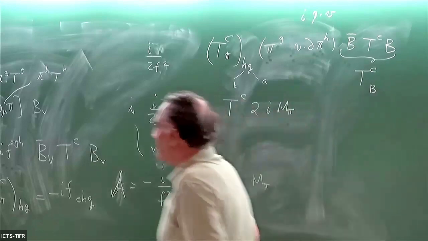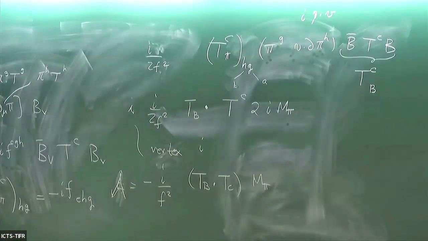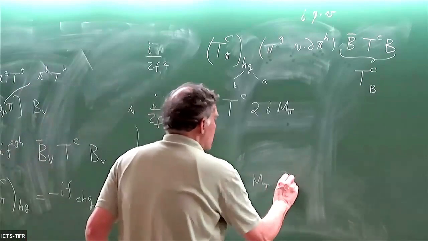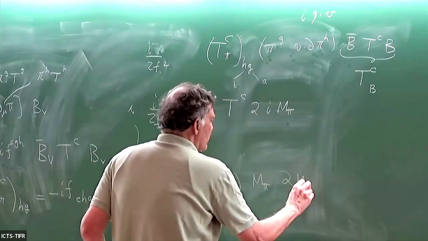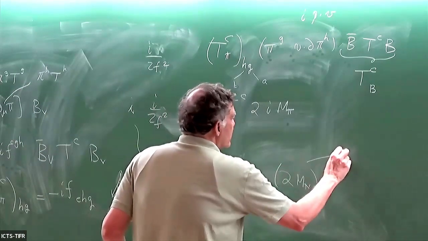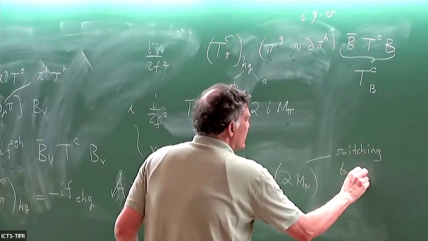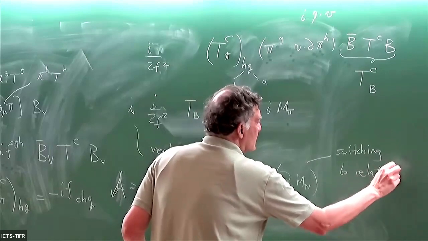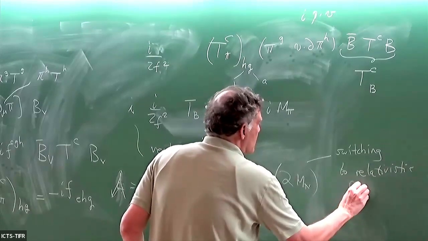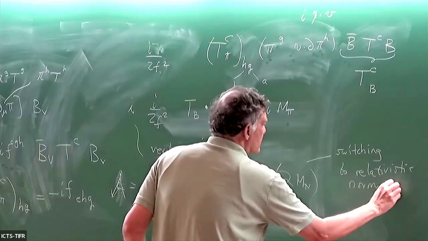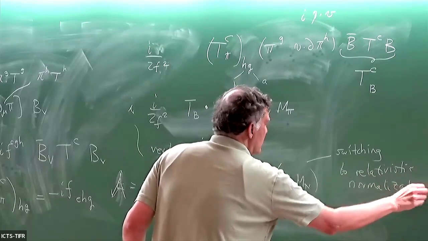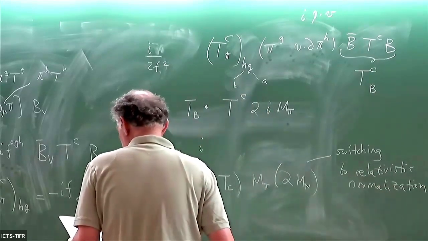So there's an extra factor here of twice Mn from switching to the relativistic normalization. Okay, so it's like a trivial factor.